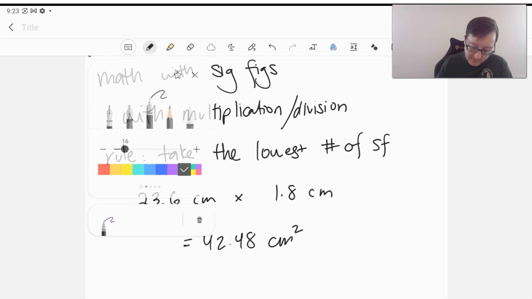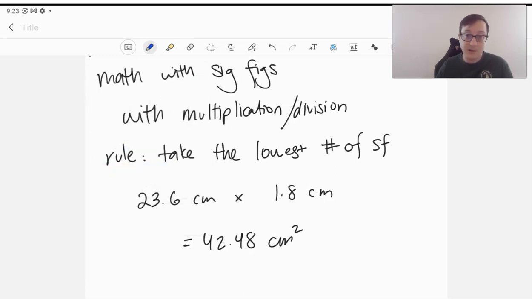In that case, we want to look at all the numbers we're multiplying or dividing. This number has 3 sig figs. This number has 2 sig figs. And as a result, our answer needs to have 2 sig figs. And when it comes to rounding, we always want to keep the largest values first. So that means in this number, we'll keep the leftmost numbers. Those are the biggest, most important numbers.